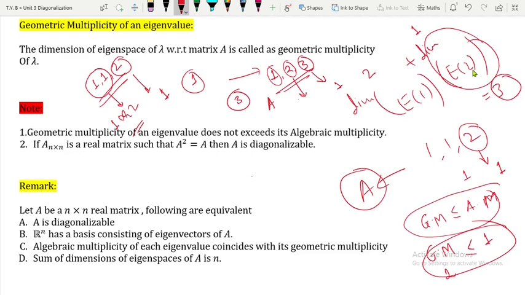The reason is that GM is always less than or equal to AM. Whenever we talk about GM, it means the number of linearly independent eigenvectors. So whenever the algebraic multiplicity of an eigenvalue is 2, the geometric multiplicity is either 1 or 2, so the number of eigenvectors will be either 1 or 2. It depends on the example. I hope this idea has also been cleared.